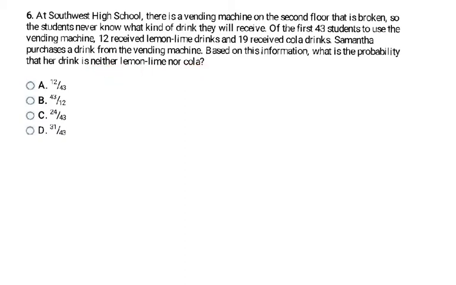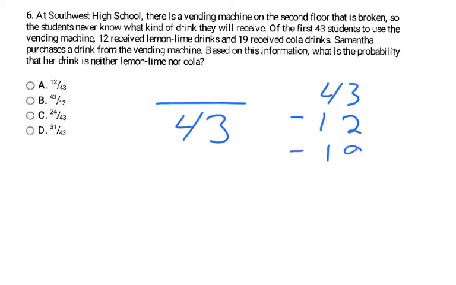Well, our total number of instances here is 43. So that's going to be my number on the bottom. Now, we know that 12 of those were lemon-lime and 19 of those were cola. So we want neither of those, so we're going to subtract those numbers off of 43.